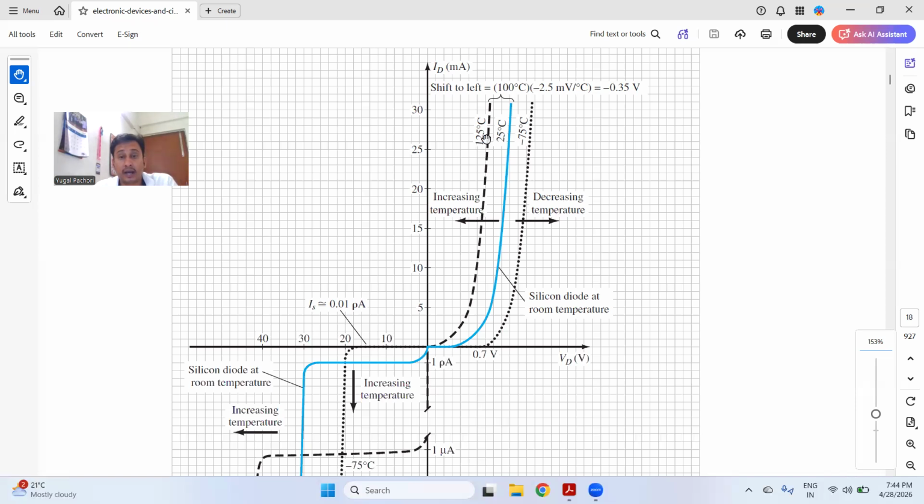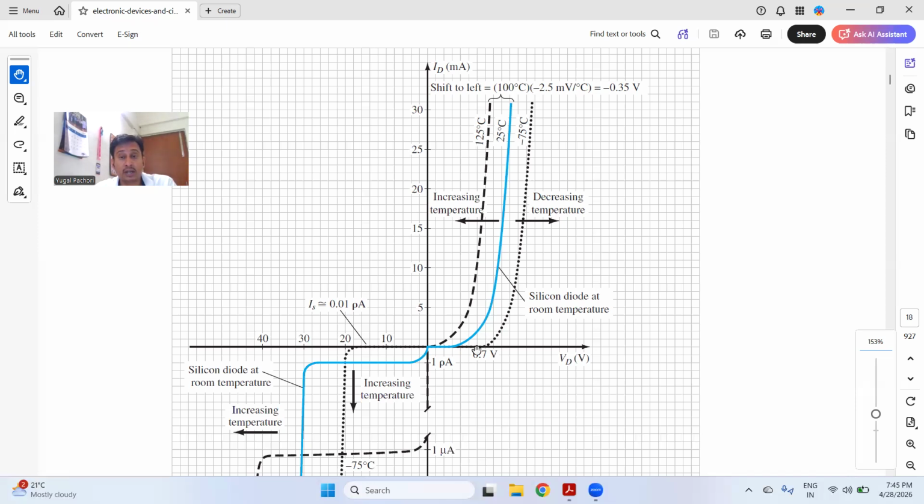You can see when the temperature is 125 degrees Celsius, the current is flowing a bit faster. I mean, the higher the temperature, the faster the current will flow. There is no knee voltage or cut-in voltage. Now, as soon as the temperature is reduced to 25 degrees Celsius, there is a certain cut-in voltage, as I am pointing out over here, and the current is increasing slower.